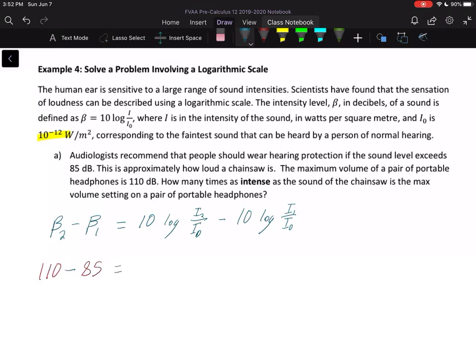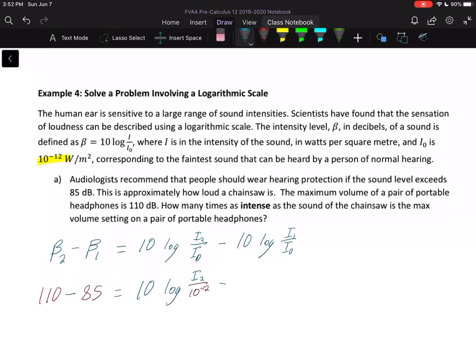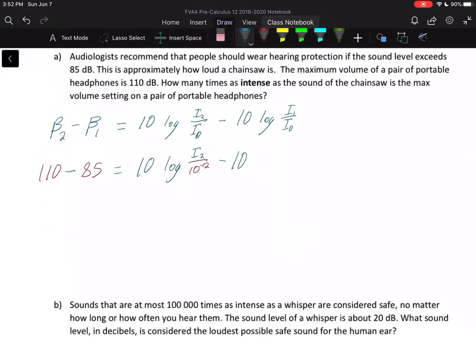All right, and on this side here, I'm going to substitute I2, I'm going to find the intensity first, over 10 to the negative 12 minus 10 log I1 over 10 to the negative 12.